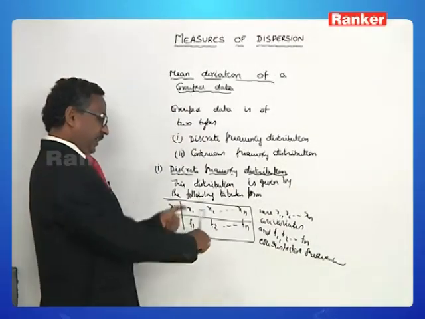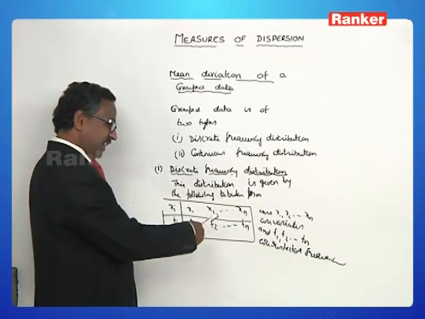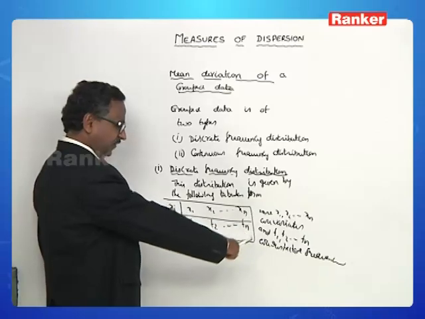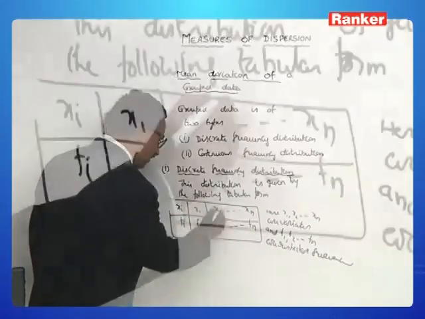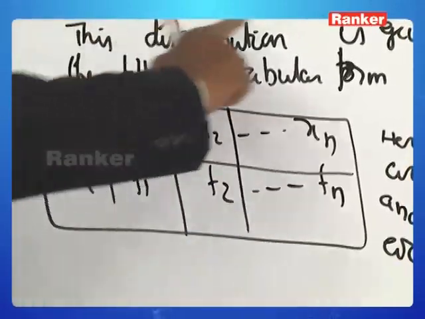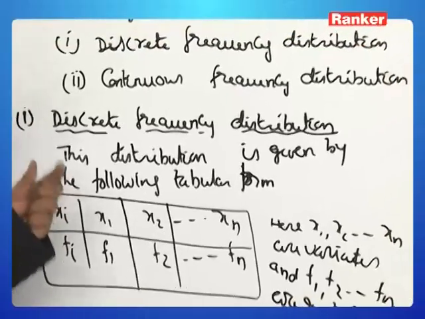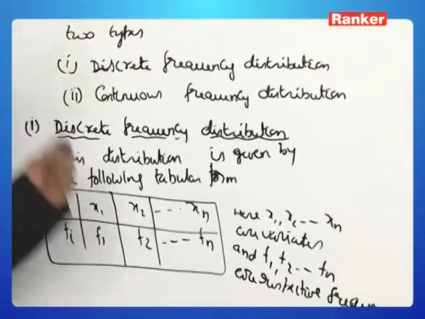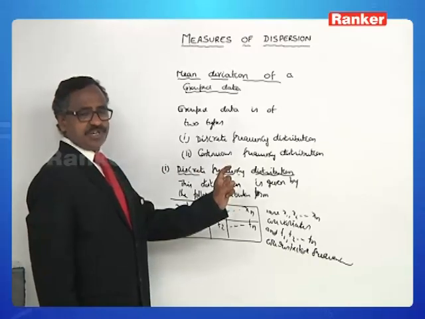So if x1, x2, x3, so on up to xn are variates and f1, f2, f3, so on fn are respective frequencies, then the tabular form given in this form is called discrete frequency distribution. Now we can find the mean deviation of the grouped data, that is, for discrete frequency distribution.